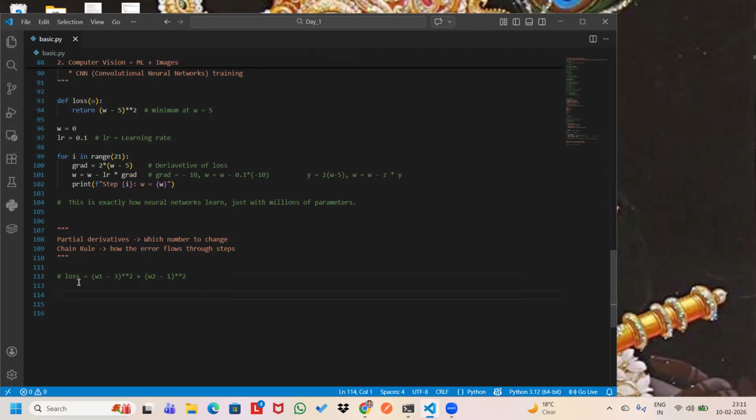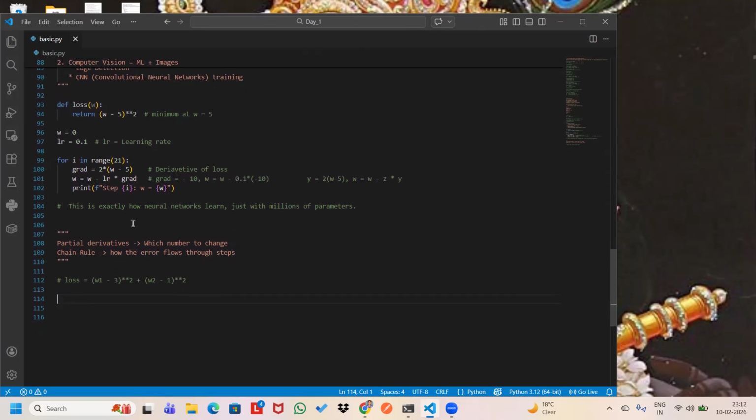If I differentiate this loss with respect to W1, the change will be something else, and if I differentiate it with respect to W2, there will be a different value. I mean the effect will be different. So it depends on the parameter you provide here.